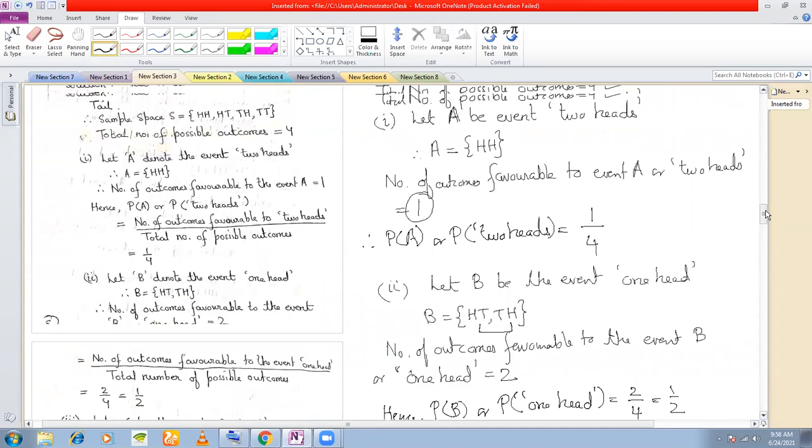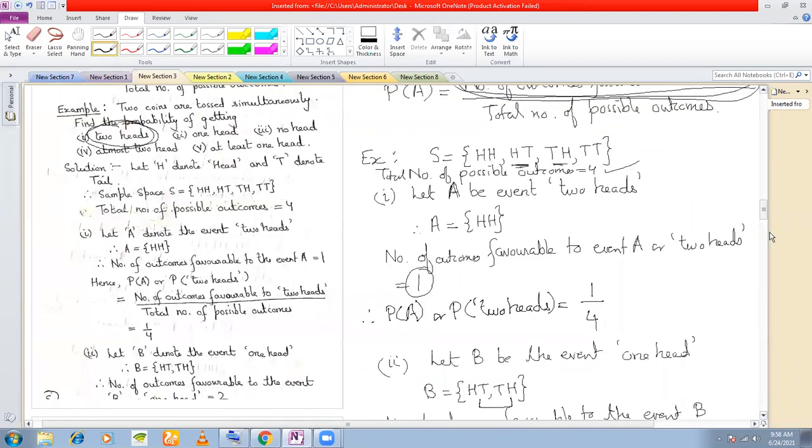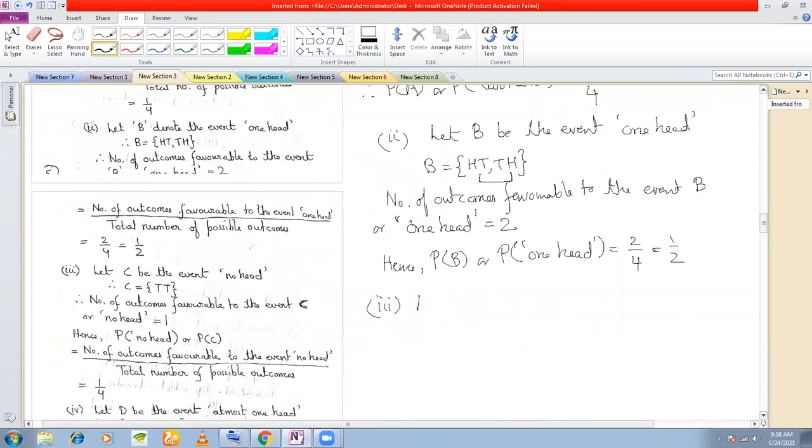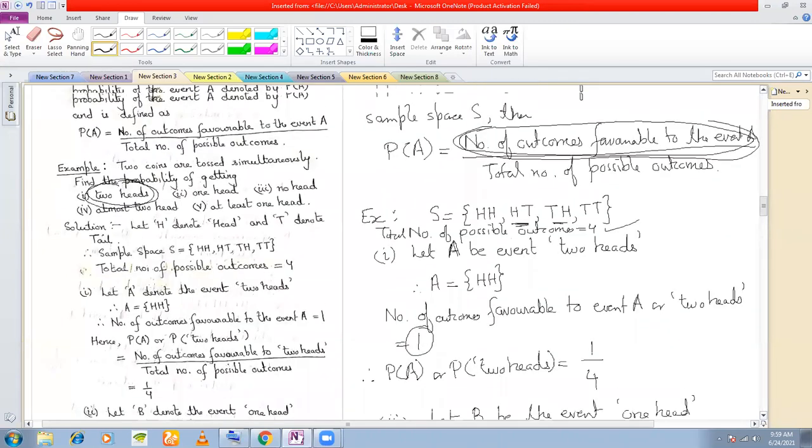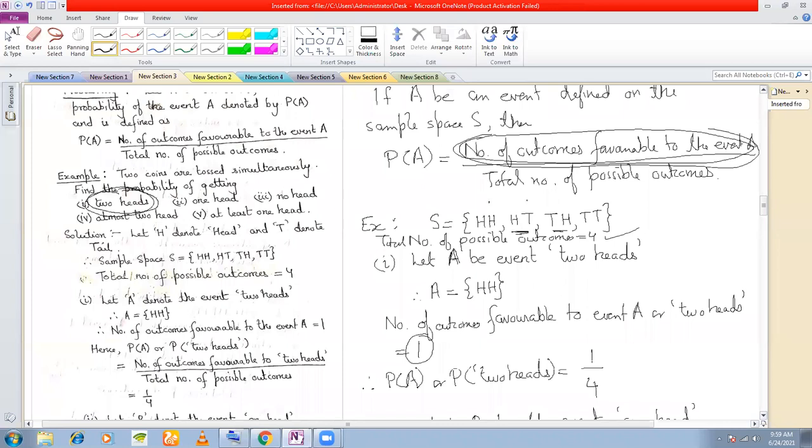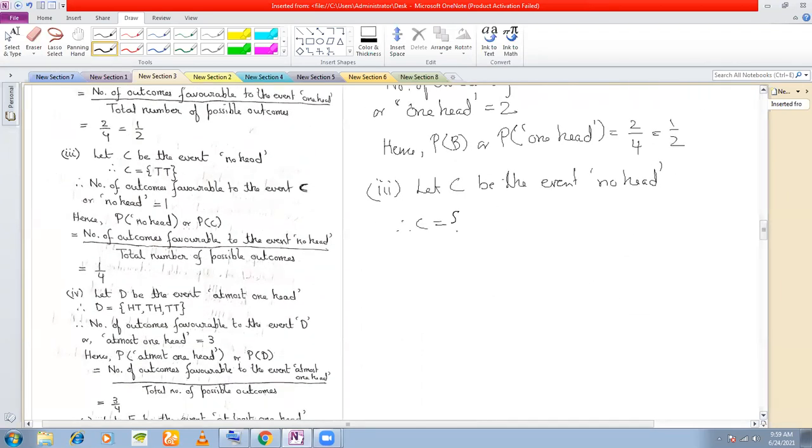The next question here is no head. So let C be the event, no head. Therefore, what is C? Look at the sample space once again. No head. This contains head. This contains head. This contains head. The only event that does not contain head is this one, TT. So that means C is only TT.